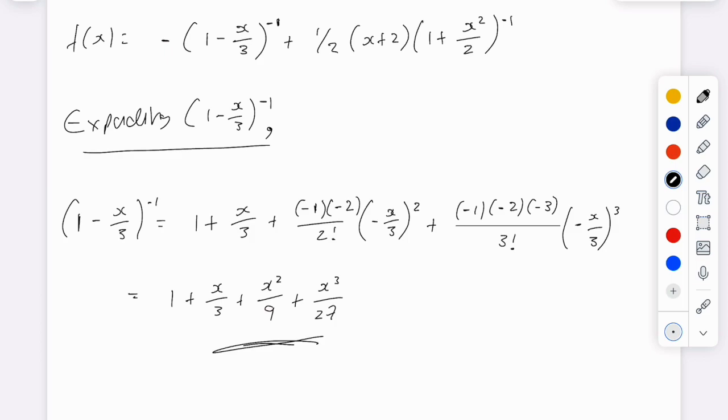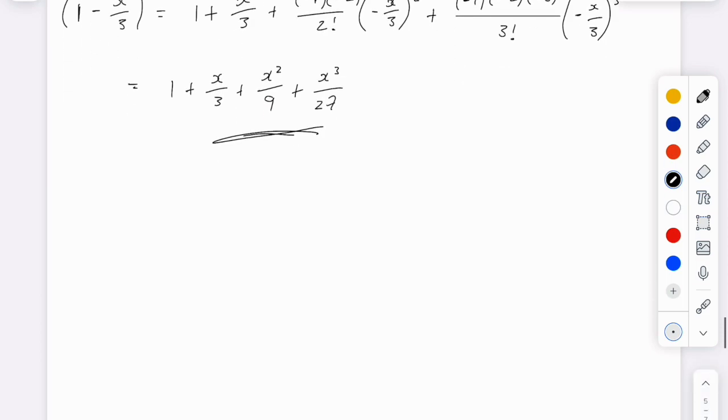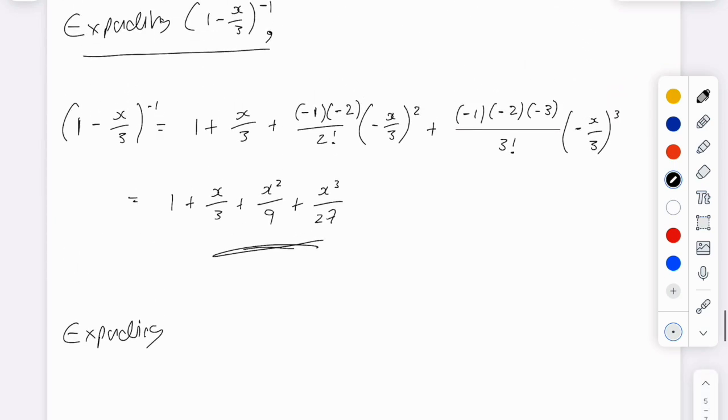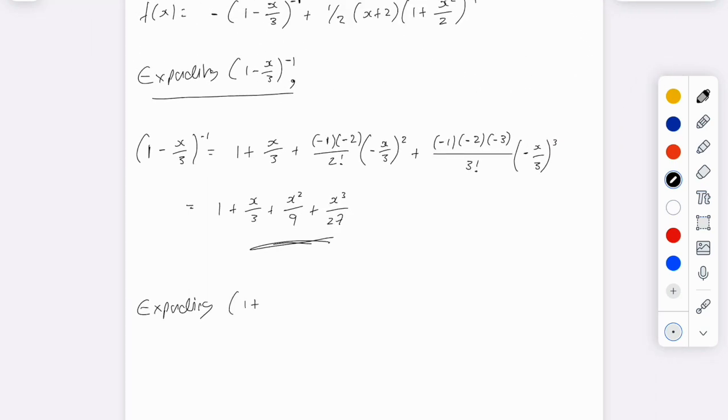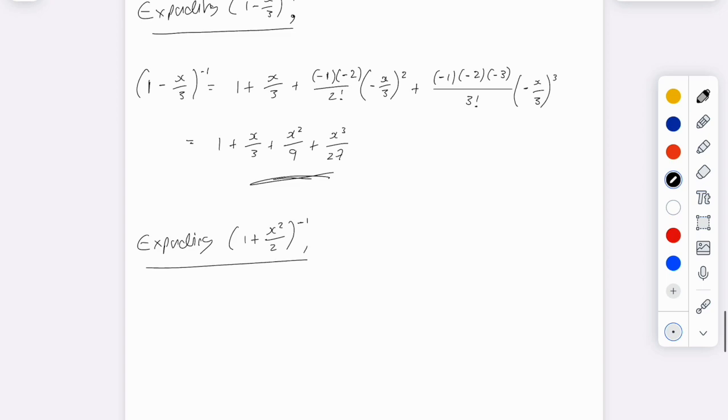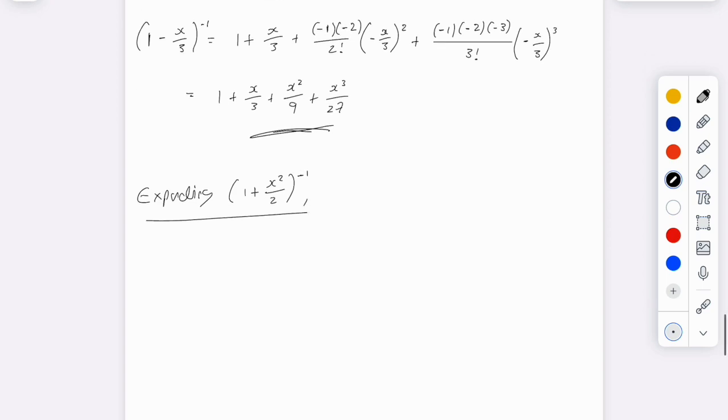So we need to expand 1 plus x squared over 2 to the power minus 1. Alright. Now that is going to give us the following.